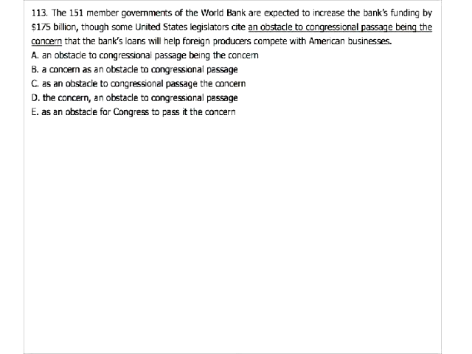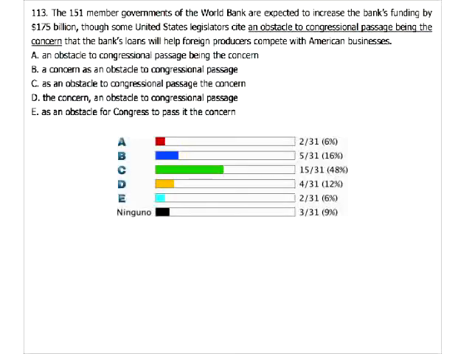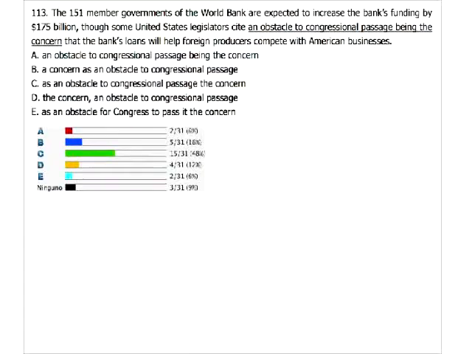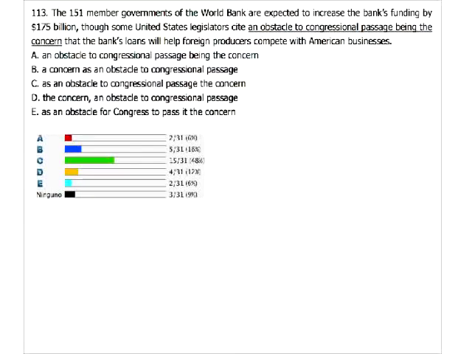Okay, so here are your statistics as a group. All right, so let's take a look. We have, it's not quite a majority, but it's a decently strong consensus on choice C. But let's take a look at these choices.